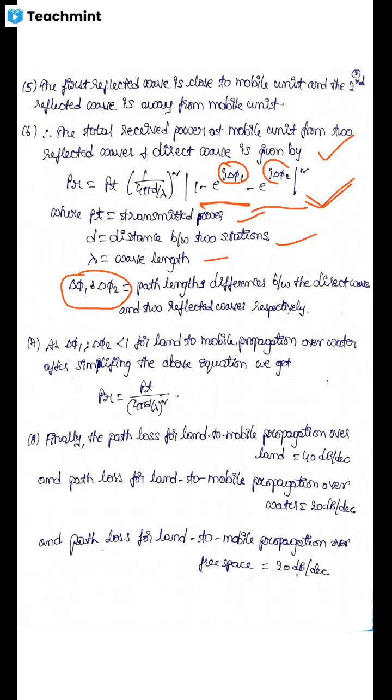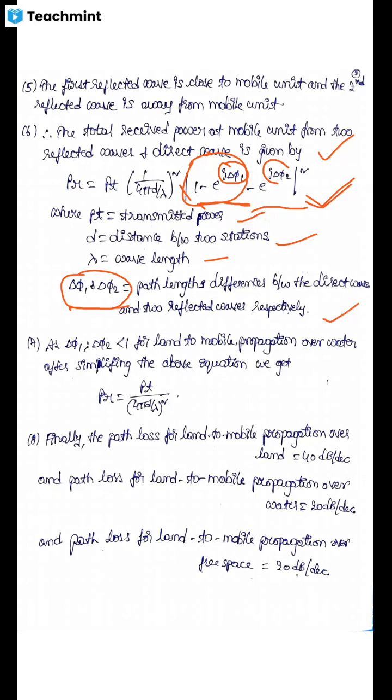There we had written 1 minus e power j del phi 1, since only one reflected wave exists, and del phi 1 was the path difference. Del phi is the phase difference between the direct wave and the reflected wave. But now in this expression, we have 1 minus e power j del phi 1 minus e power j del phi 2, and del phi 1 and del phi 2 are the path length differences between the direct wave and the two reflected waves respectively.